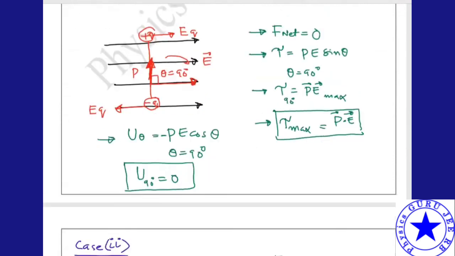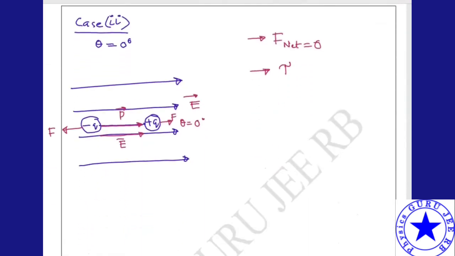Net torque is PE sin theta, and theta is equal to 0, so it is 0. I can write this as the minimum, so tau is equal to 0, minimum. You can keep it afterwards.